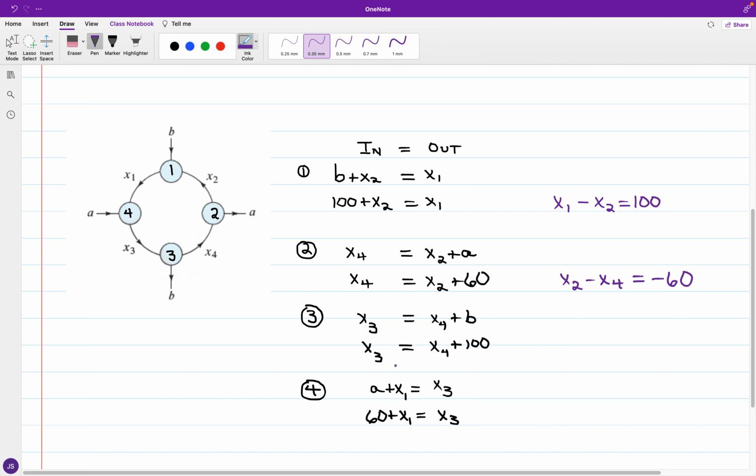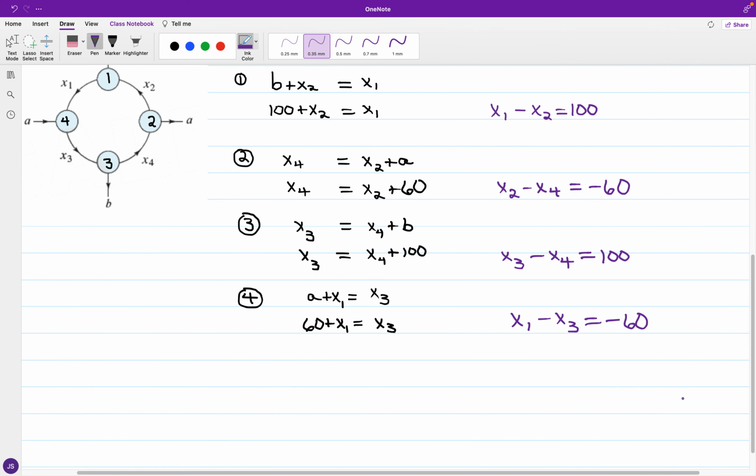In the next item, x of 3 minus x of 4 is equal to 100. And also, x of 1 minus x of 3 is equal to negative 60.